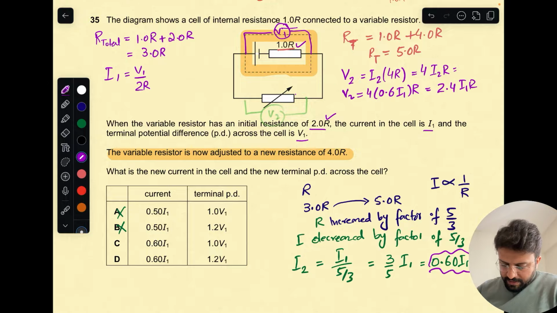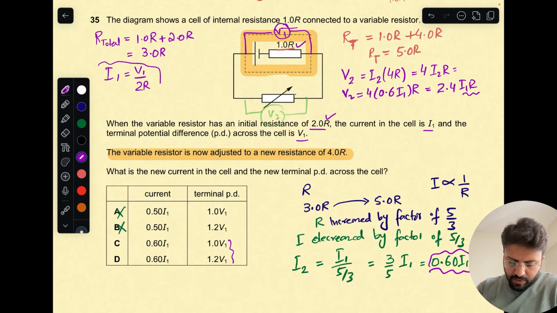But we need the answer in terms of V1, so I have to change this into V1. Let's look at the equation. We know 2I1R equals V1, so I1R equals V1 over 2.